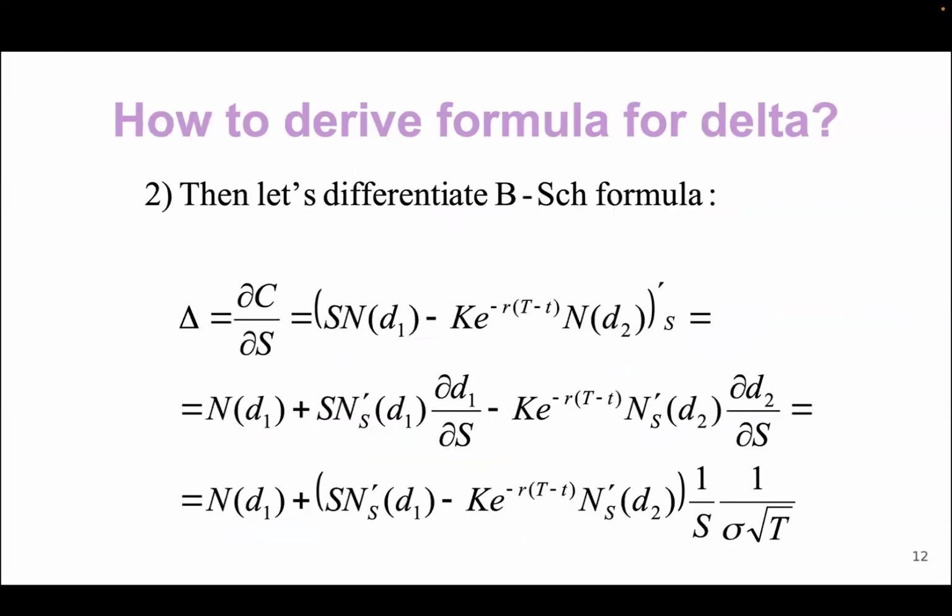The second step: we need to find the derivative of C with respect to S. C is the fair price, given by the Black-Scholes formula.